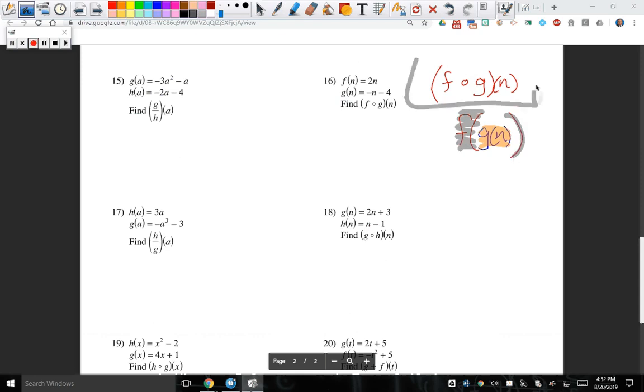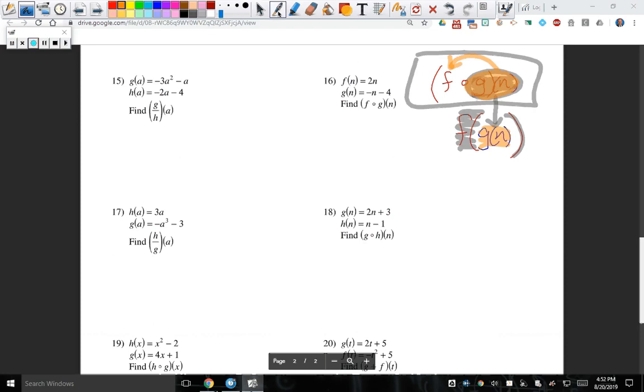If you see it like this, whatever variable is closest to this input variable of n, that's what you're going to do first. Kind of like what you're seeing over here in orange. Okay? And then whatever you get from that answer, you're going to plug in as an input value into f, so that you can get what is f of g of n.